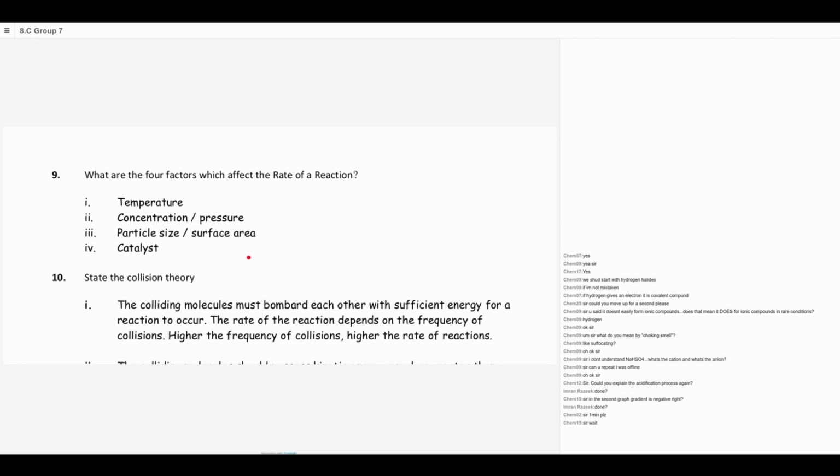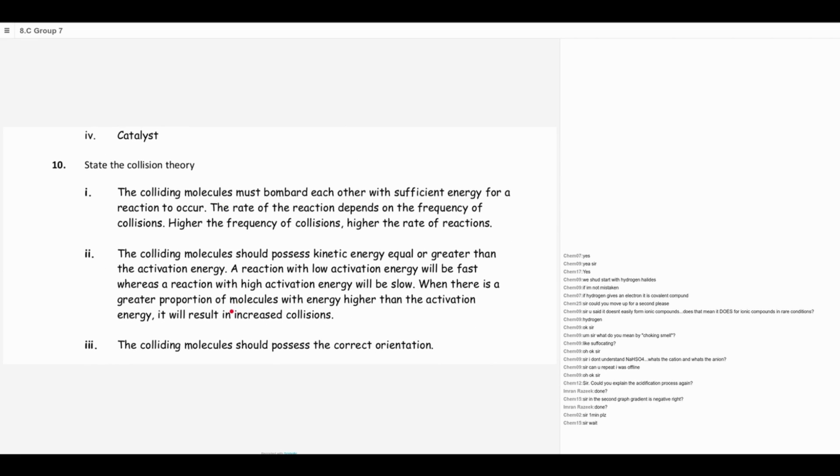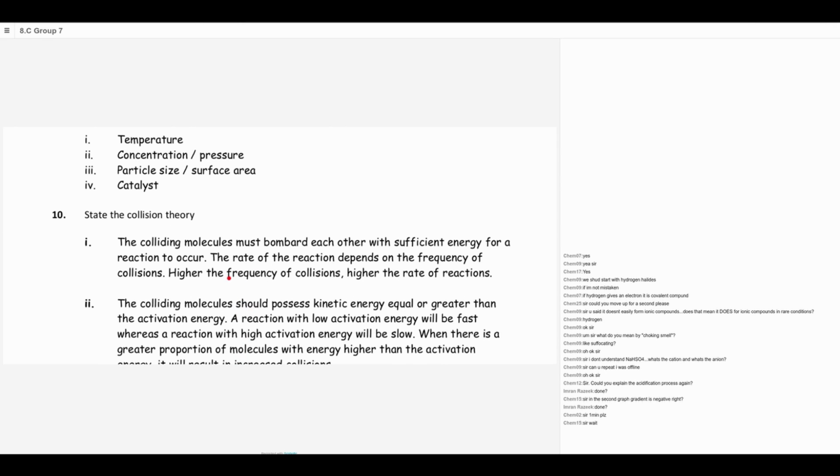Now, how these factors affect the rate is explained using collision theory. There are 3 points in the collision theory, so let me explain to you one by one. The first point of the collision theory emphasizes the importance of the frequency of the collisions between the reacting particles. What is meant by frequency of the collisions is the number of collisions per second. It's not just the number of collisions, it's the number of collisions per second.